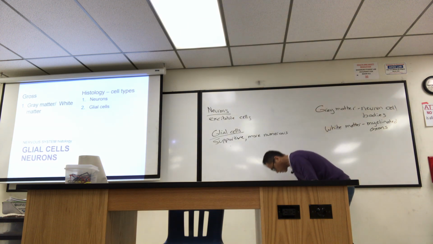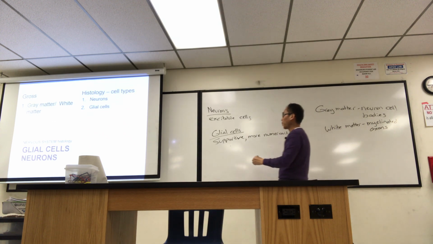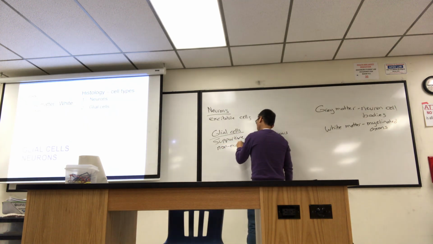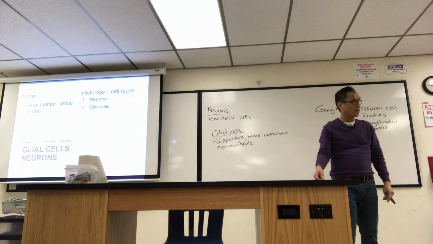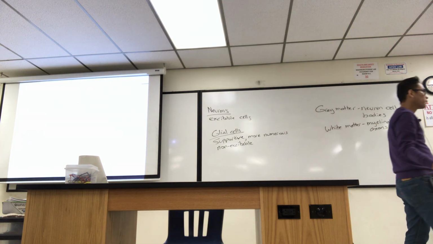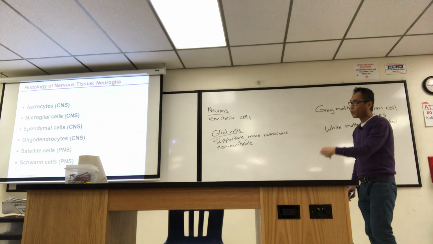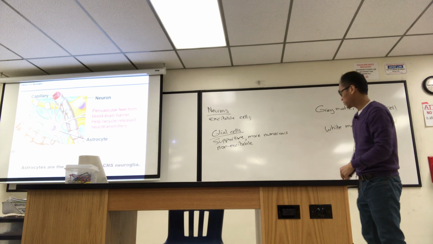They don't conduct electrical nerve impulses like the neurons do. They have important functions, and I listed a few on the slides that you need to know. Here's a list of them, but we'll go through them one by one, starting with these astrocytes.